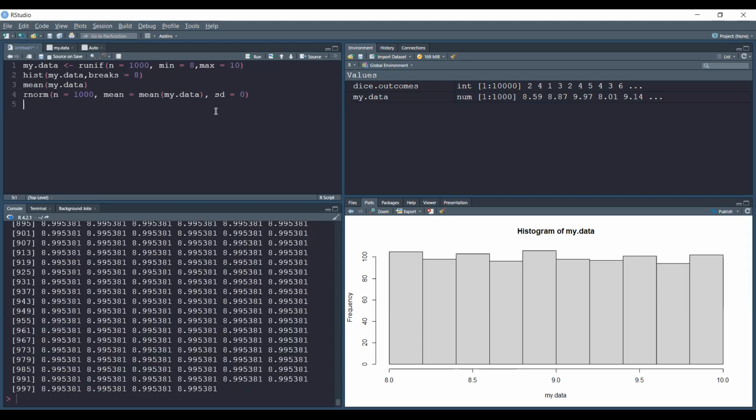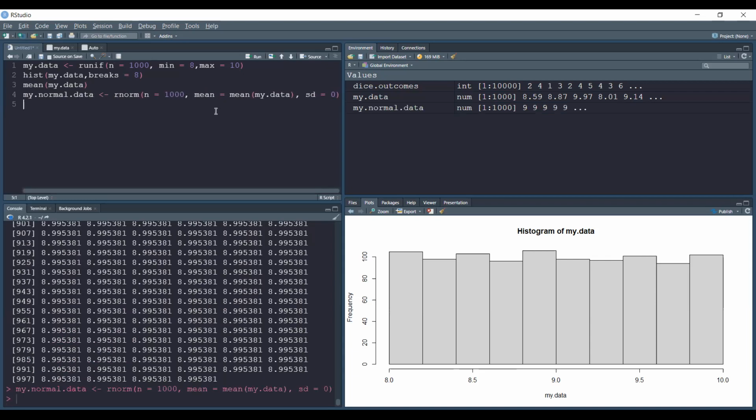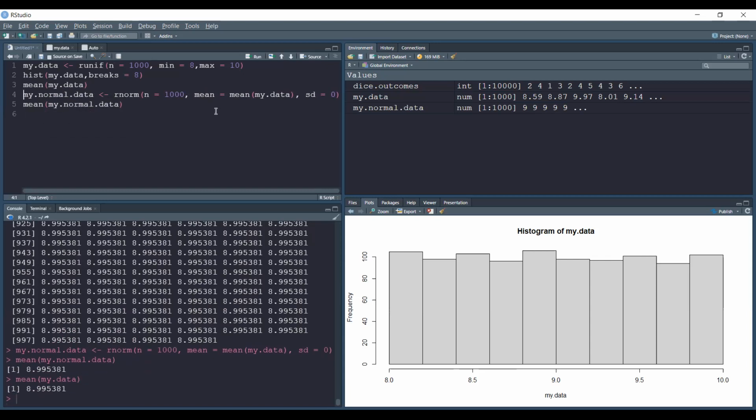So what does this do? These are all 8, each data value. Let's call this my normal data. Well, that's going to have the same mean, right? Mean of my normal data. So look, same mean, both of them.